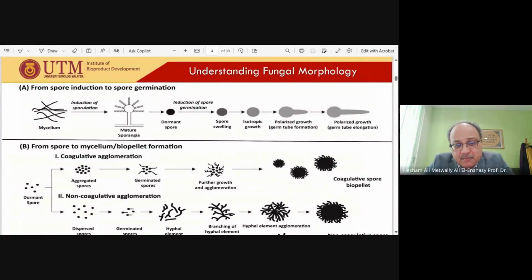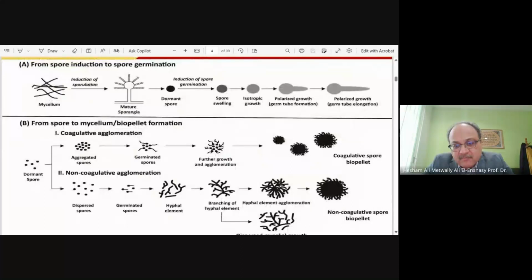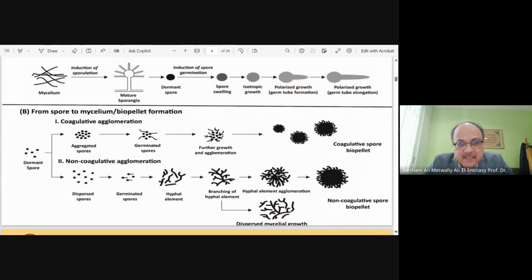In aggregated spore style, like Aspergillus niger, the germinated spores further grow together in aggregate. Then they give a compact structure of biopellets. The other, dispersed spore structure, like Aspergillus awamori, in most cases they make hyphal elements, and those branching together aggregate based on some bioprocess engineering parameters, and then they make hyphal non-coagulative spores or make dispersed mycelium.